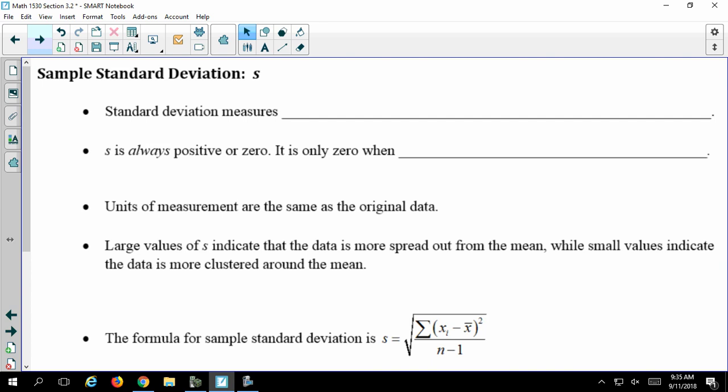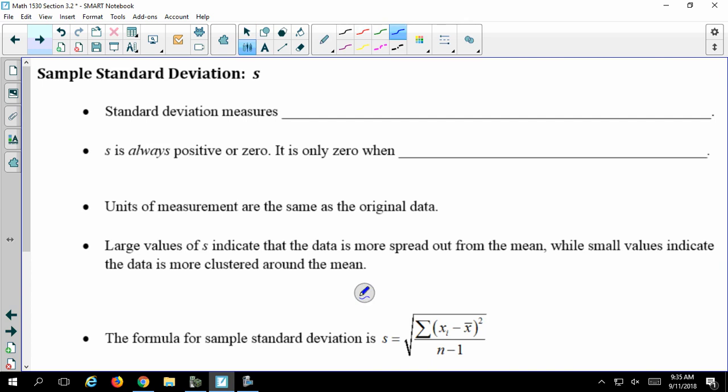The sample standard deviation has the symbol lowercase s. So lowercase s is the sample standard deviation. And the standard deviation calculates what we just talked about a minute ago, that kind of average distance from the data to the middle.